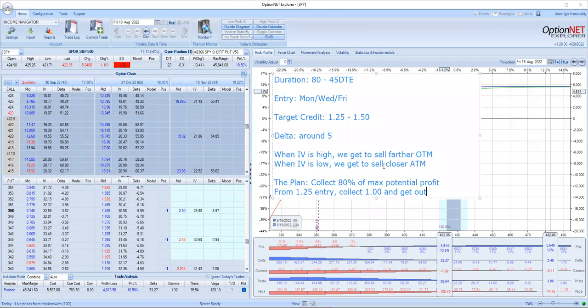But to answer the question, can I hold it until expiration? The answer is yes, you can. So the goal is to capture 80% of max potential profit as soon as possible and get out of the trade. And that's the profit target.